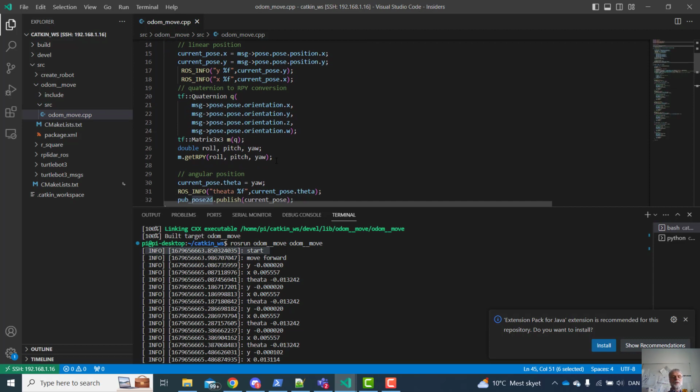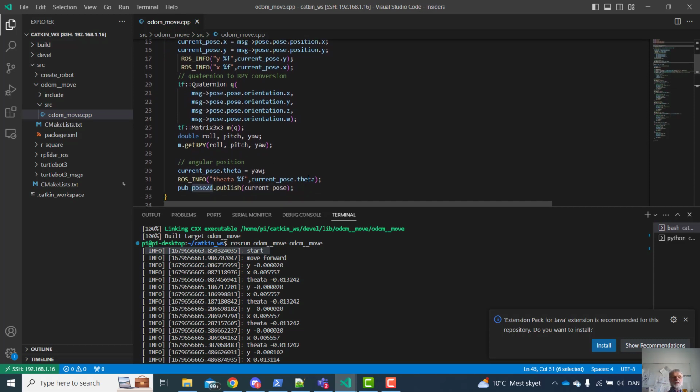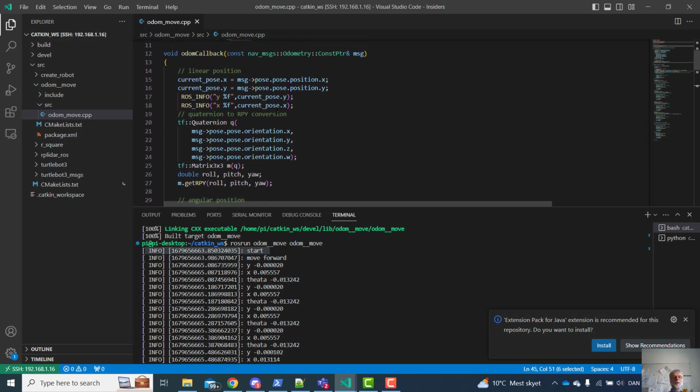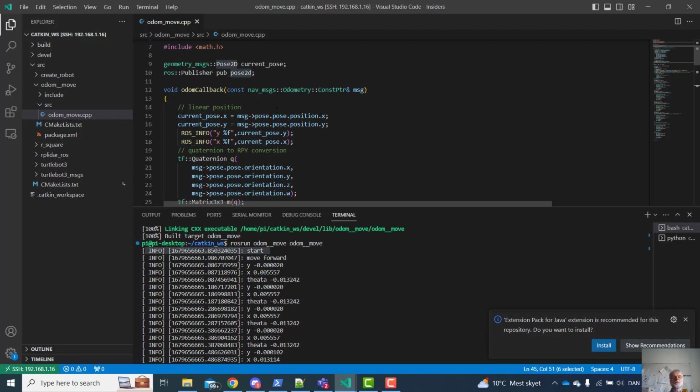So we get the angle, the so-called yaw, from here. But we need to have this declaration here. So the message is used for that, and that's more or less what it is about.